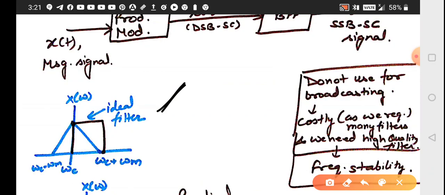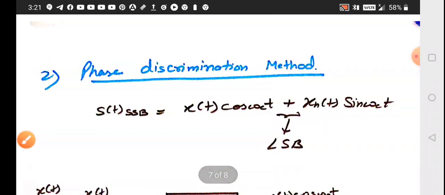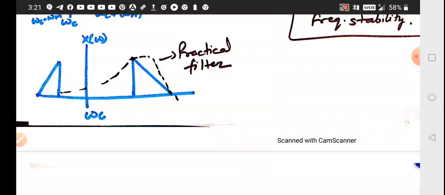So we need an ideal, sharp cutoff band pass filter to get the desired upper sideband, and it is impossible to realize such an ideal filter. So this is the limitation of the frequency discrimination method or filter method. The next limitation is, if omega c is much greater than omega m, then again we need a sharp selective filter, and it is complex and difficult to design.